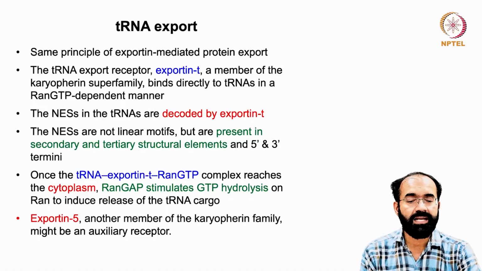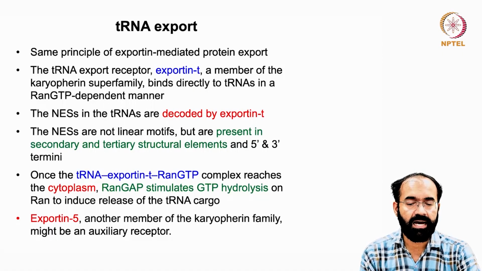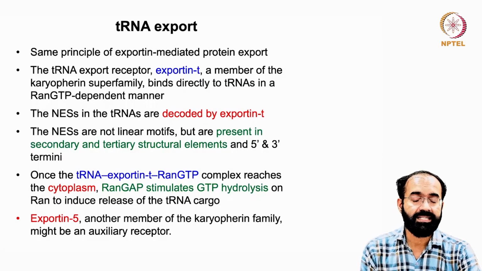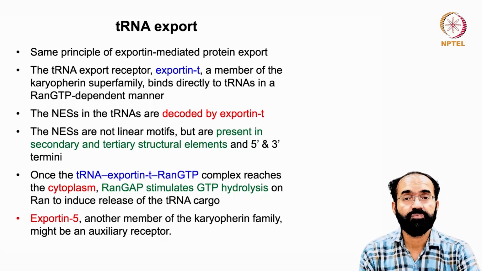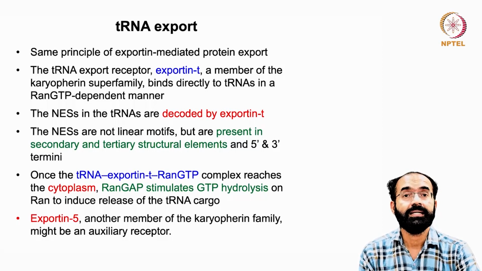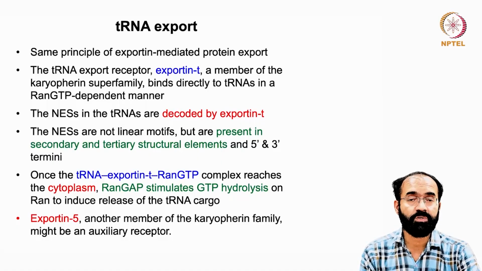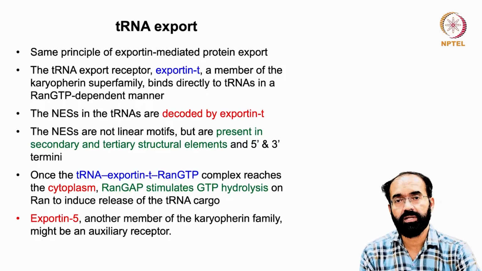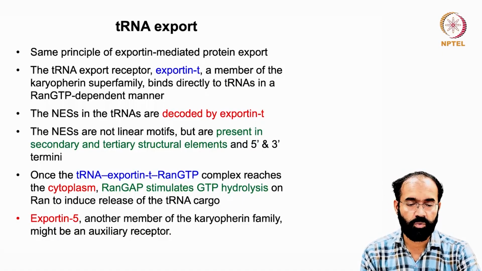So the nuclear export signals in the tRNAs are decoded by exportin T. This decoding is very important, because without exportin T, the tRNA's nuclear export signals cannot be read. So exportin T's role is to identify the right cargo.